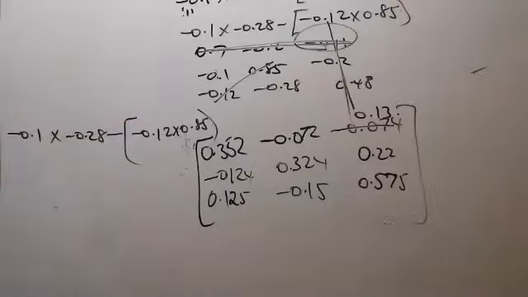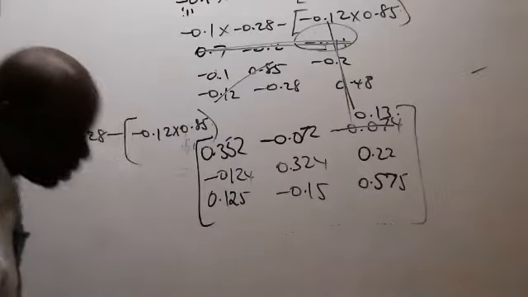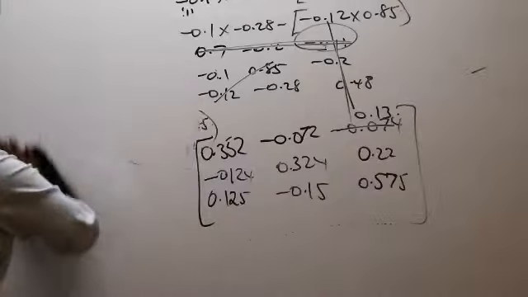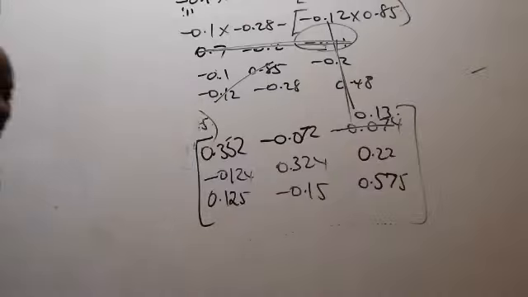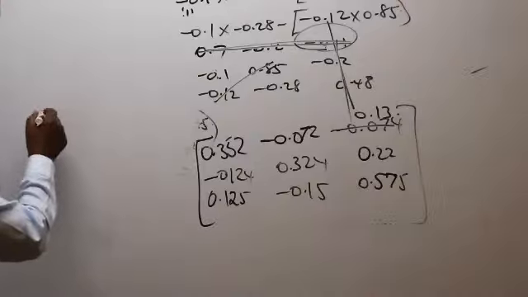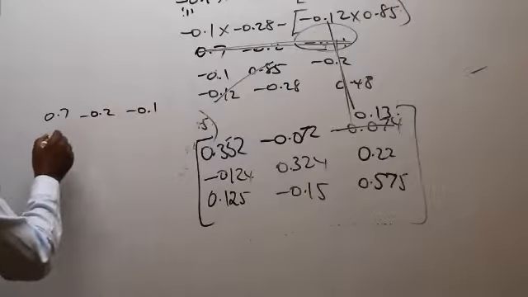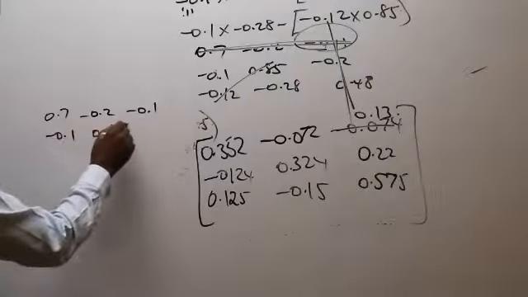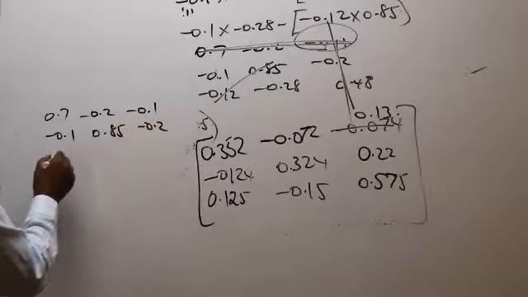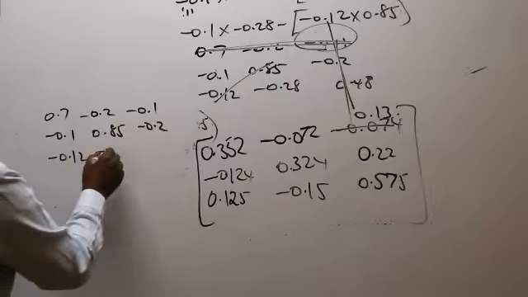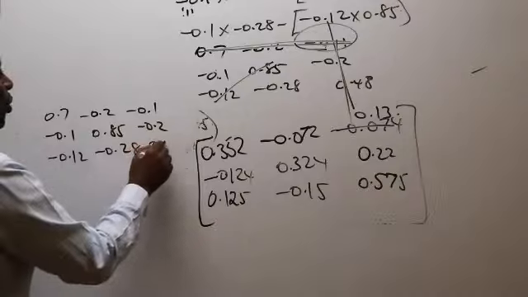For minus 6, ladies and gentlemen, this is quite a simple thing. For minus 6, this is what I have: 0.7, minus 0.2, minus 0.1, minus 0.1, 0.85, minus 0.2, minus 0.12, minus 0.28, 0.48.